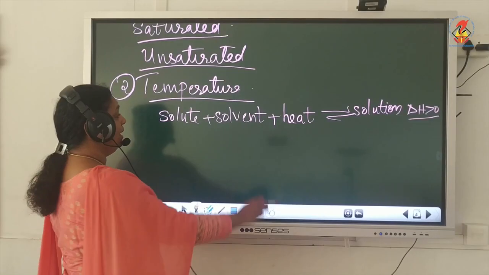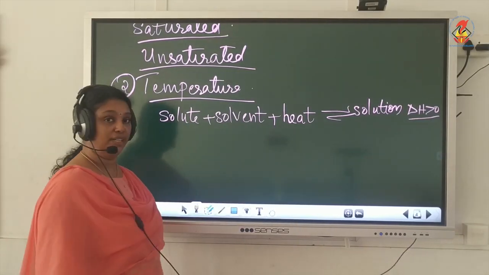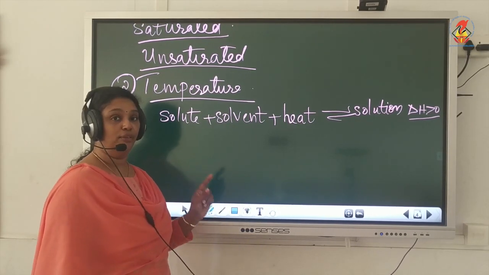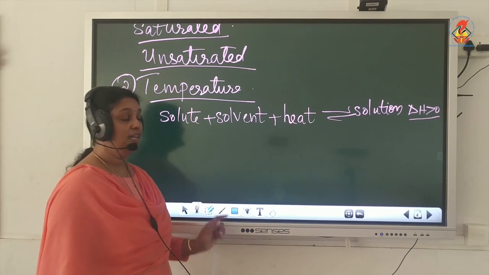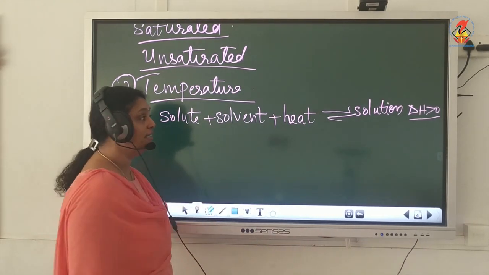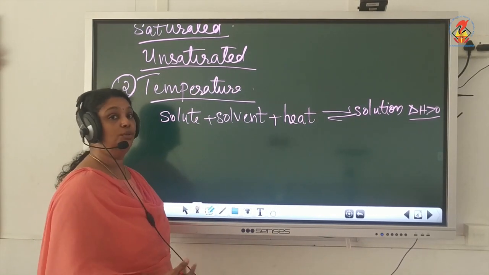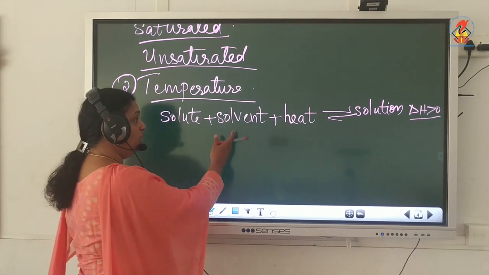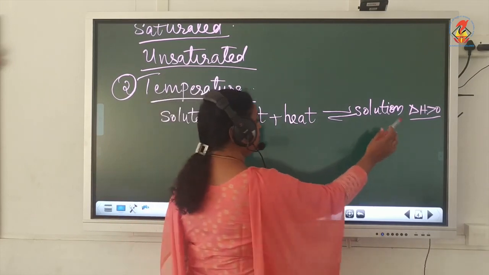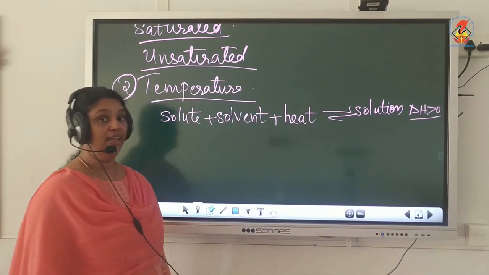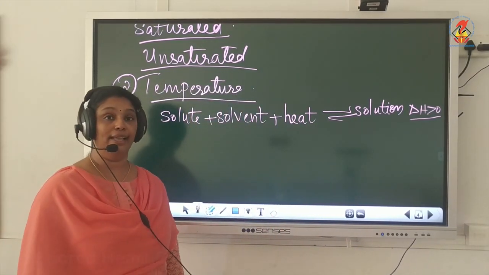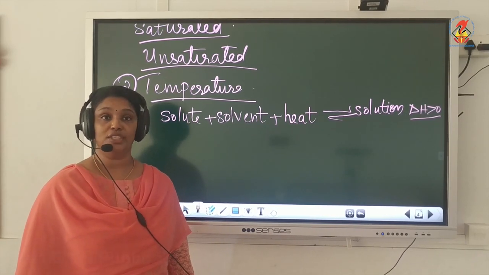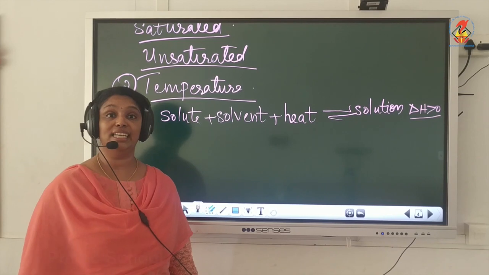According to Le Chatelier's principle, the forward reaction is endothermic, which means it is favored at high temperature. So as you increase the temperature, more and more solute will dissolve in the solvent, forming the solution.